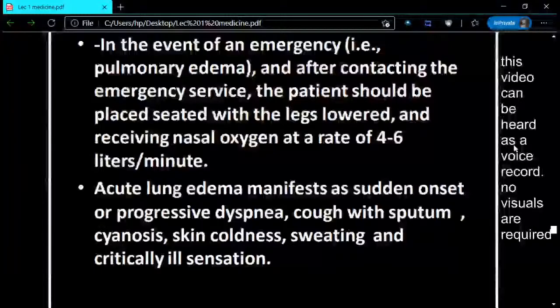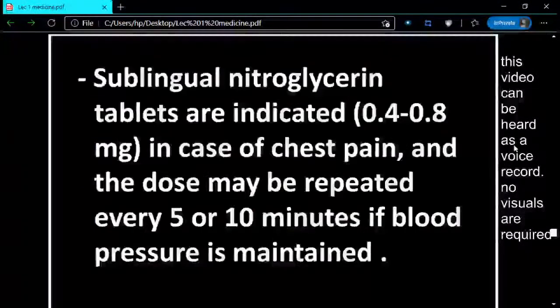The acute edema, difficulty breathing, coughing, coldness are the signs and symptoms of the heart patients.